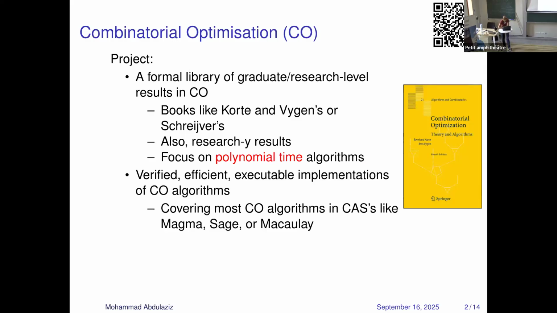One specific textbook that we have focused on, and we almost finished everything in it, is the book on Combinatorial Optimization by Bernhard Korte and Jens Vygen. It's a final year math and computer science book and first year PhD book, so it's relatively advanced. We also have some research level results, formalizations of some papers that are interesting to the area but that are not in books, for example.